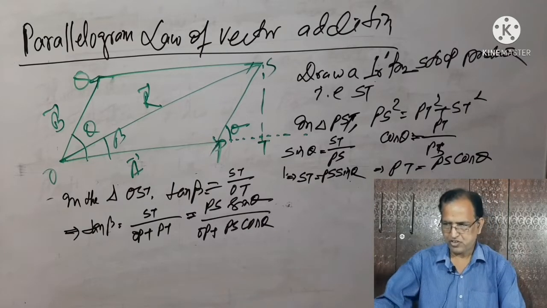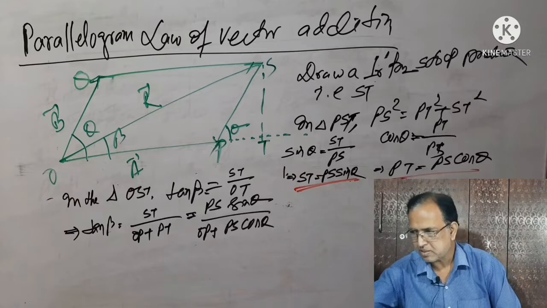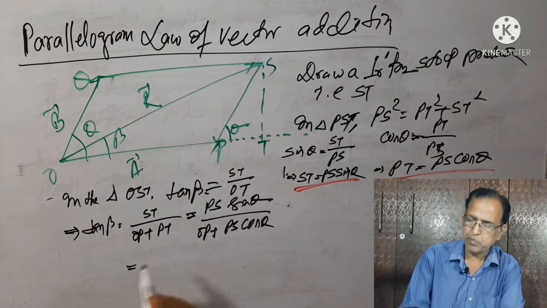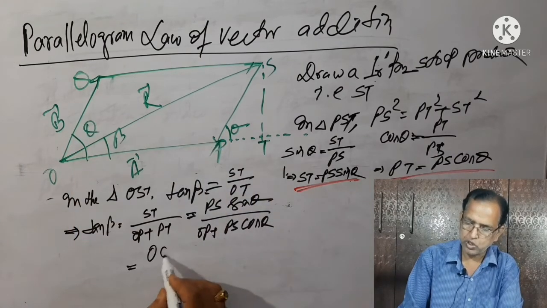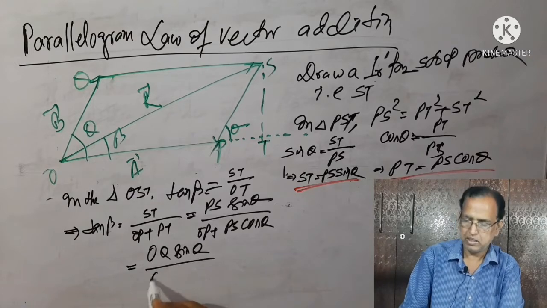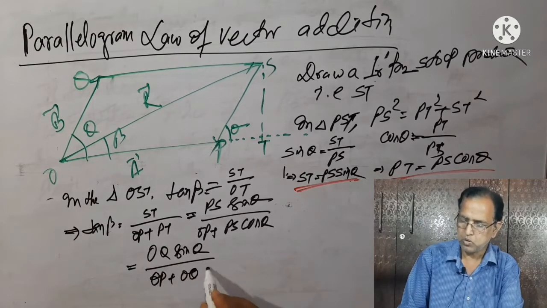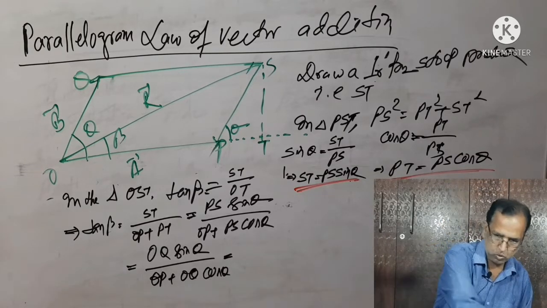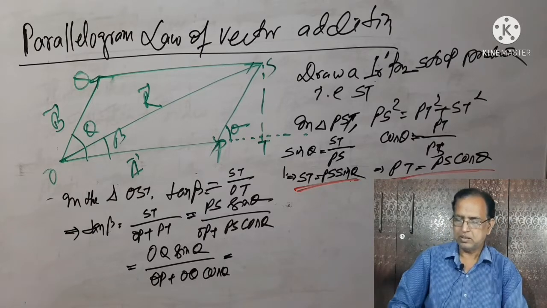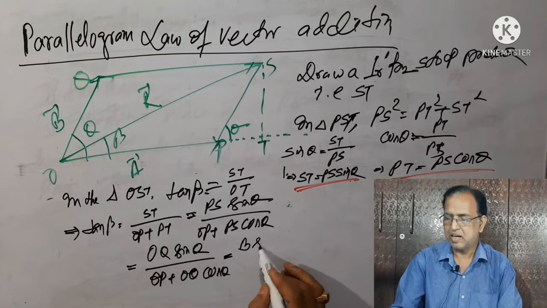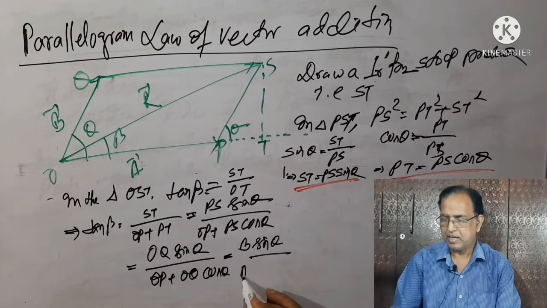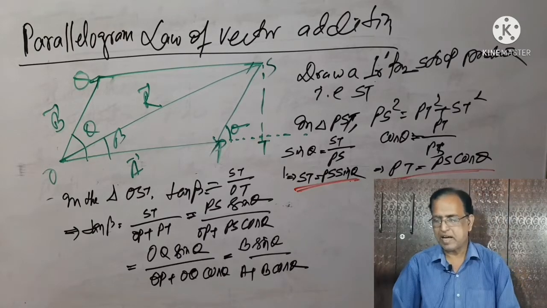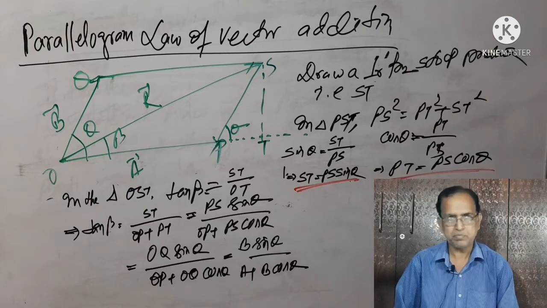Also PS is OQ, so this is OQ sin theta by OP plus OQ cos theta. OQ is B, so tan beta is equal to B sin theta by A plus B cos theta.